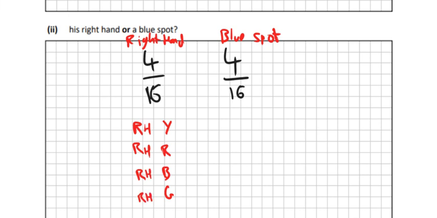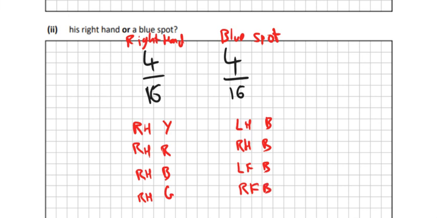So there are 4 outcomes there. If you think about the blue spot, you could have left hand blue, right hand blue, left foot blue and right foot blue.